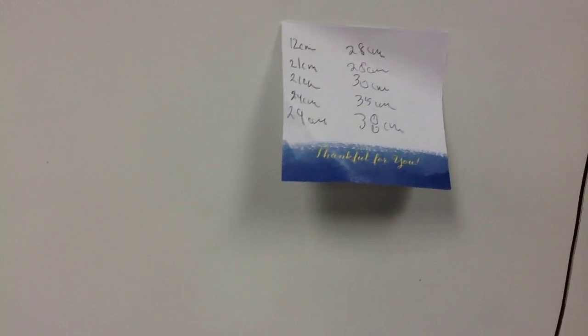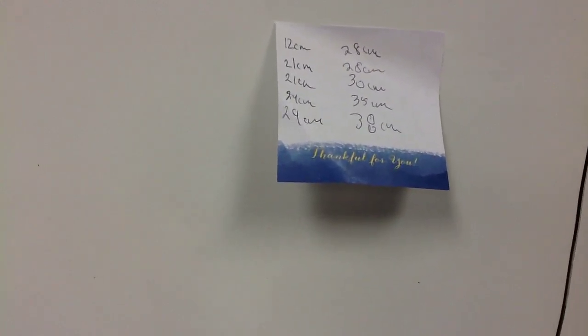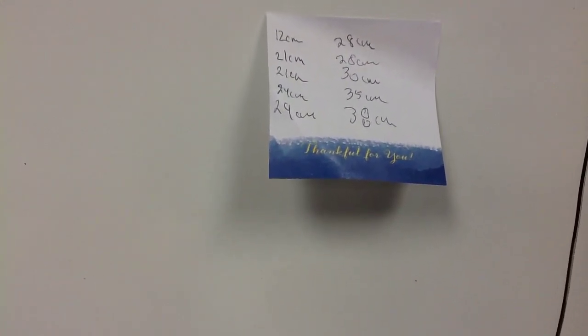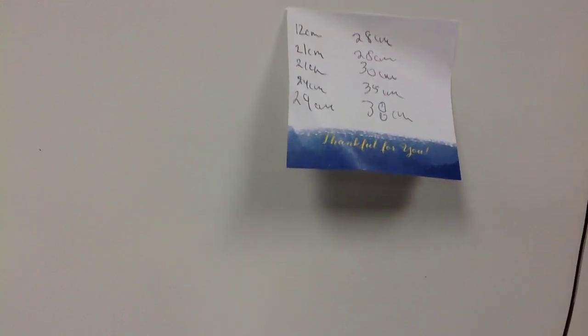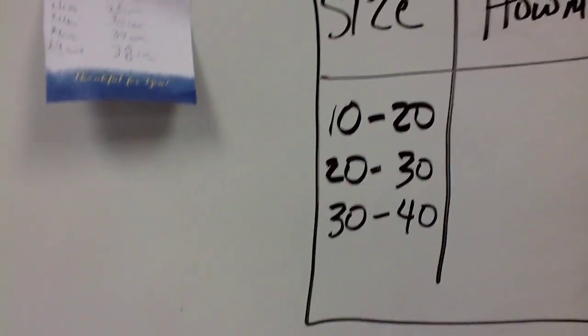So let's take a look at that data again. We see the smallest number is 12 and the largest number is 38. So maybe we'll do 10 to 20, 20 to 30, and then 30 to 40. And maybe we would put the data, we would count.